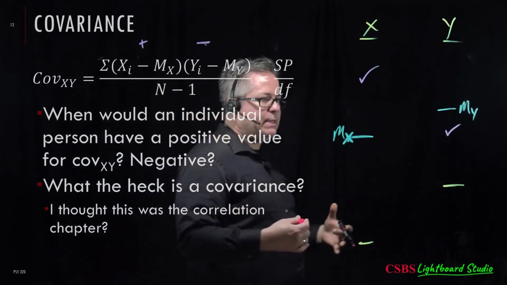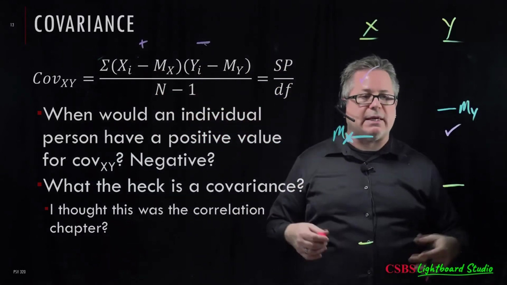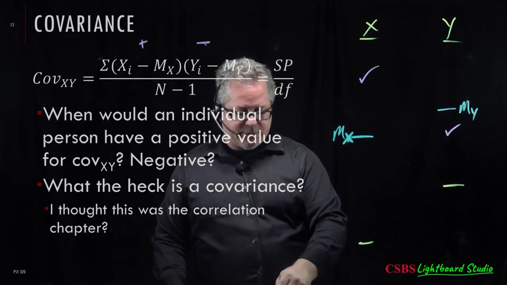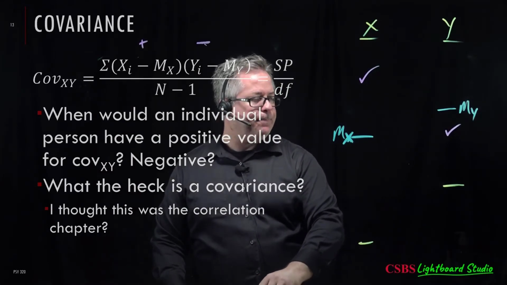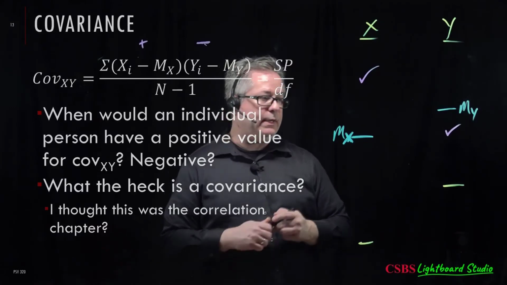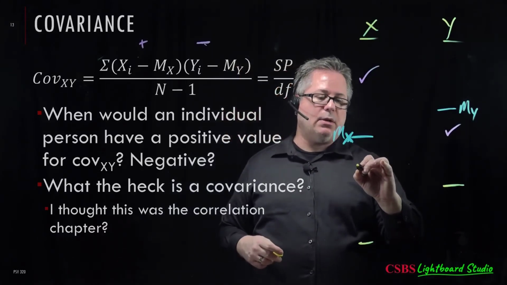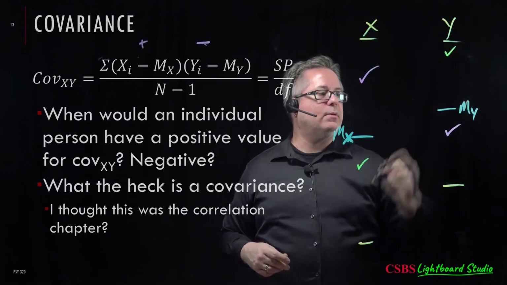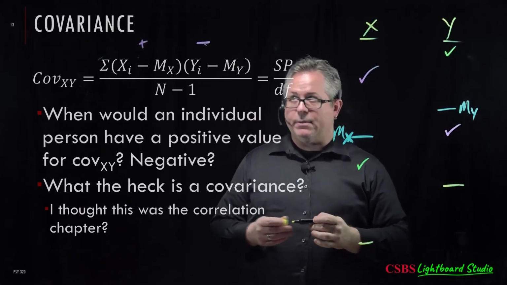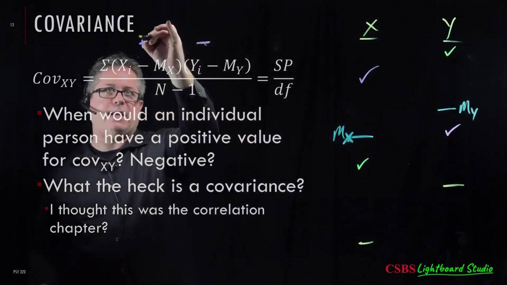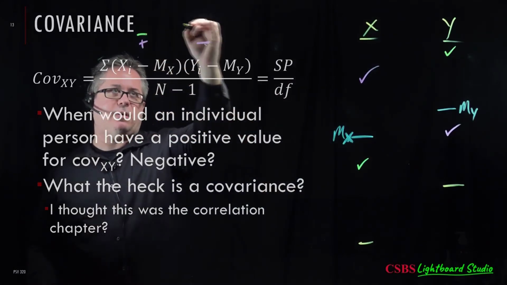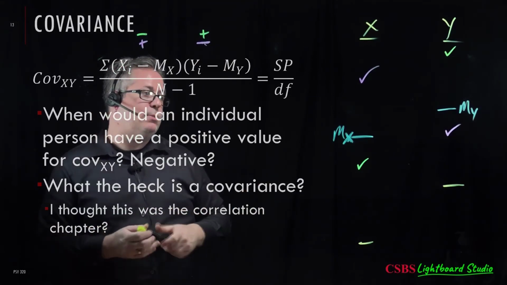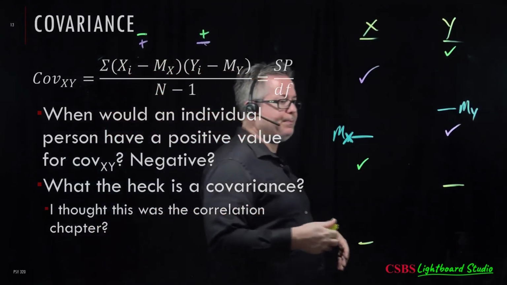My product's going to be negative, so I'm contributing to the sum of products a negative number. Well, what if, again, I'm below the mean on x, but above the mean on y? Maybe I'm way up here. Same thing. I'm now going to have a negative number here and a positive number there. So my contribution to the product is going to be a negative number.